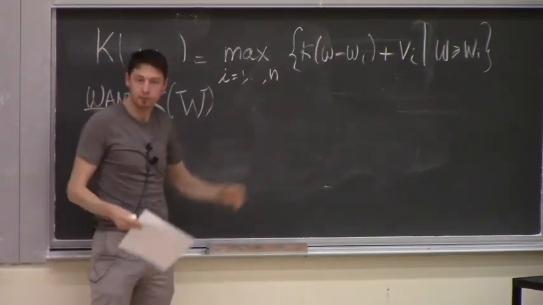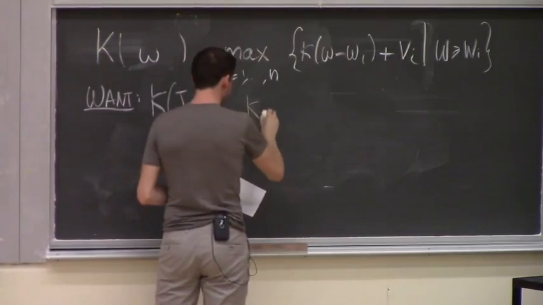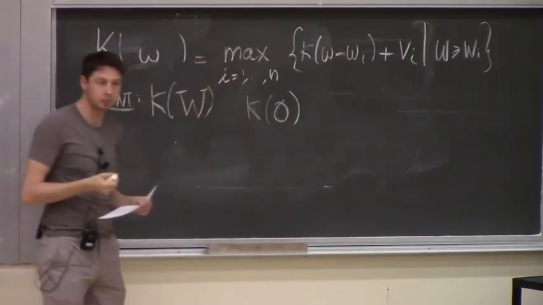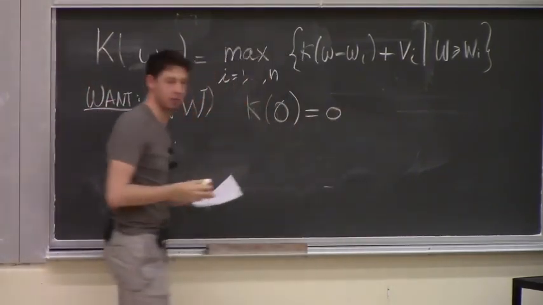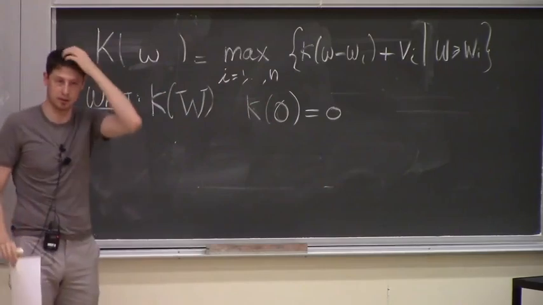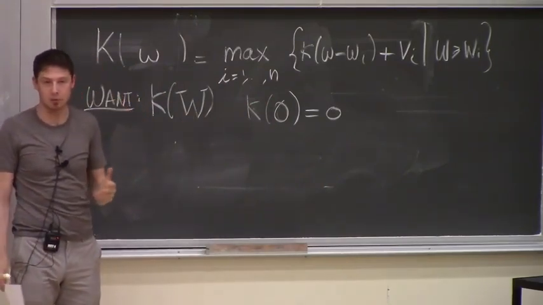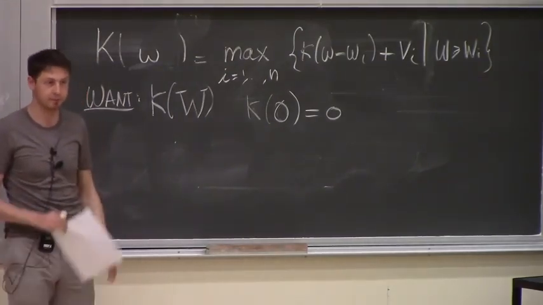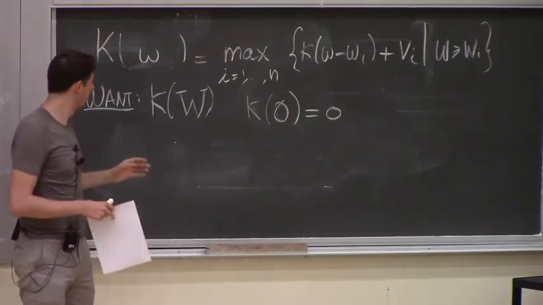Another thing is I should start off by saying that at the very bottom, K0 is 0, just to start something. And more generally, anything above 0 where you cannot fit anything specific from the items is still 0. All right.